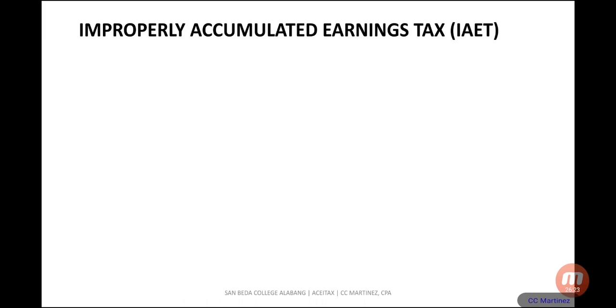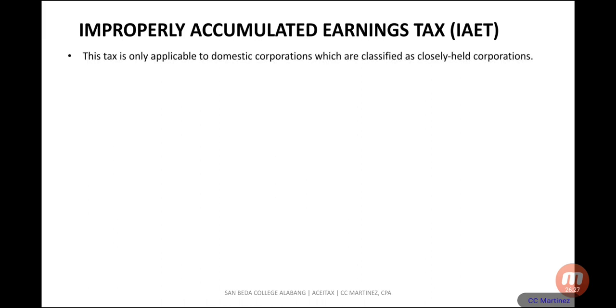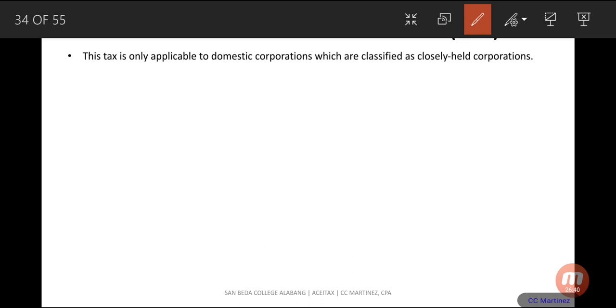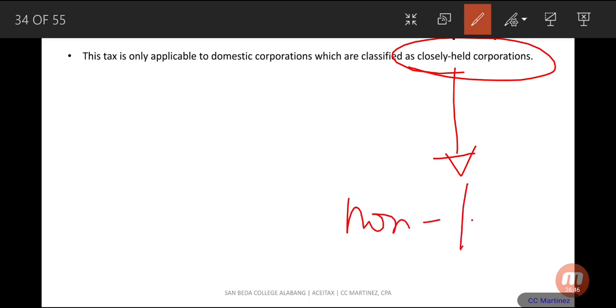So, yung tinatawag natin na IAET. This tax is only applicable to domestic corporations which are classified as closely held corporations. Again, when we say closely held corporations, ito yung mga non-listed corporation o yung mga shares of stocks na not traded sa stock market.